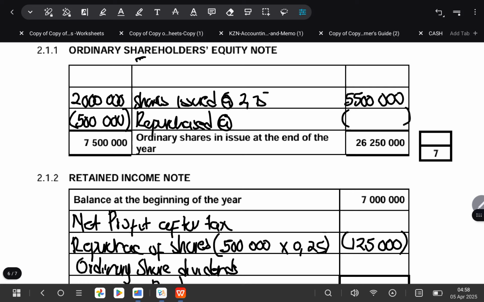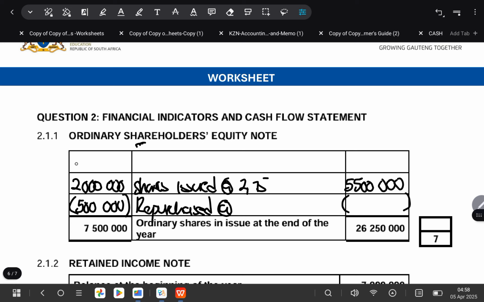So if you say 7,500,000, you add back 500,000, and then you subtract your 2 million. It will tell you that at the beginning of the year we had 6 million shares issued.